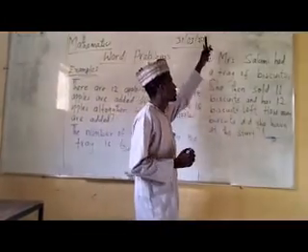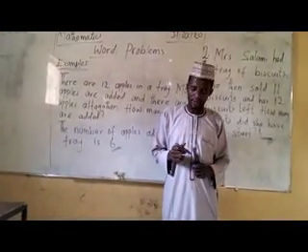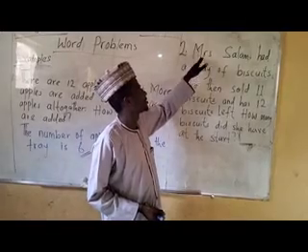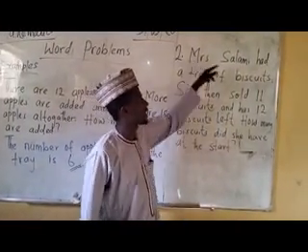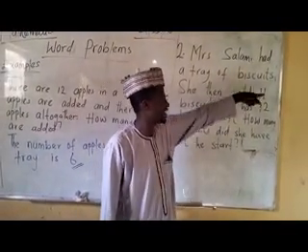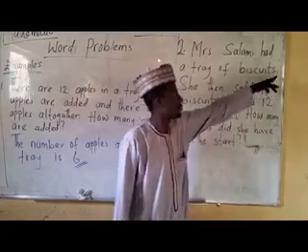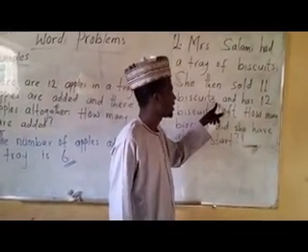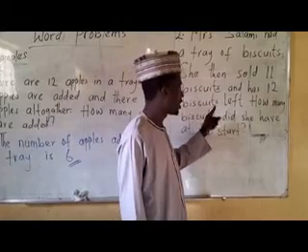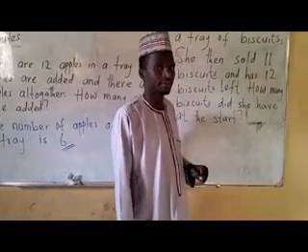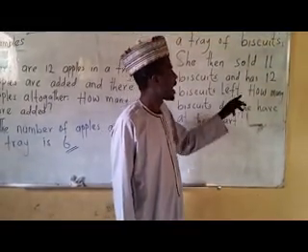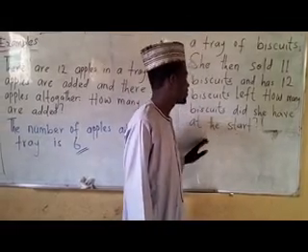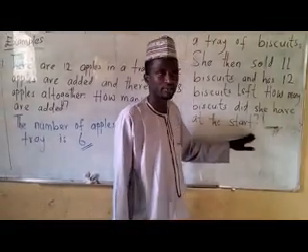Now let us go to the second example. Here the statement says Mrs. Salami had a tray of biscuits. She then sold 11 biscuits and has 12 biscuits left. How many biscuits did she have at the start?